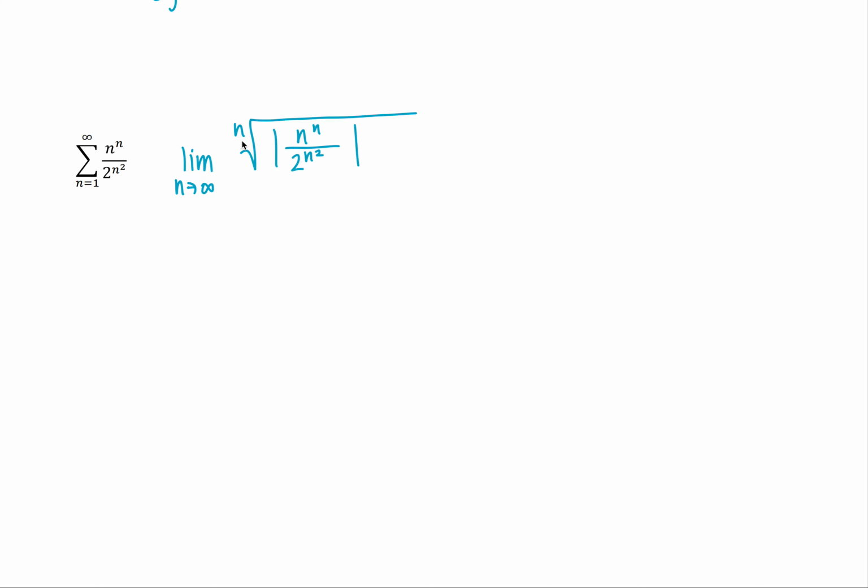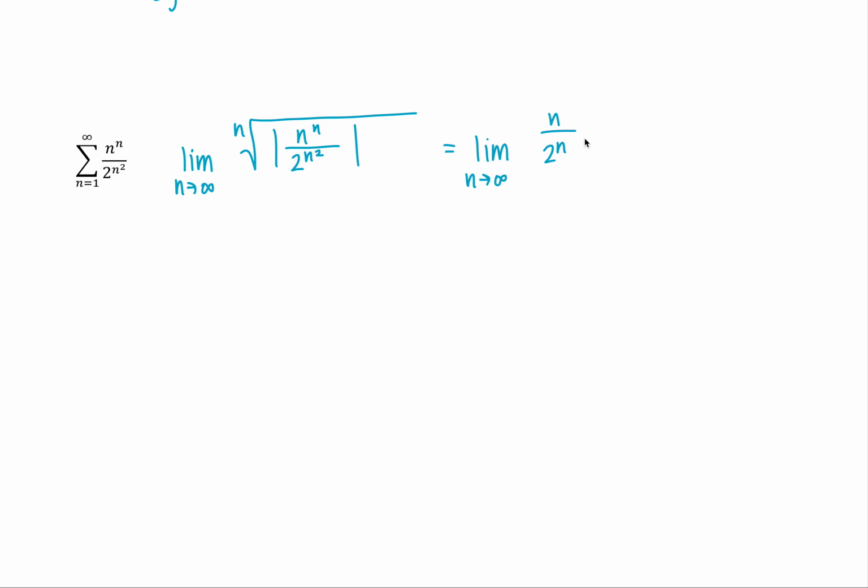When I take the nth root of n to the n power, I'm just left with an n. The nth root of 2 to the n squared power is just going to be 2 to the nth power. So this is going to look a lot simpler. We're going to have the limit as n goes to infinity of n over 2 to the n.